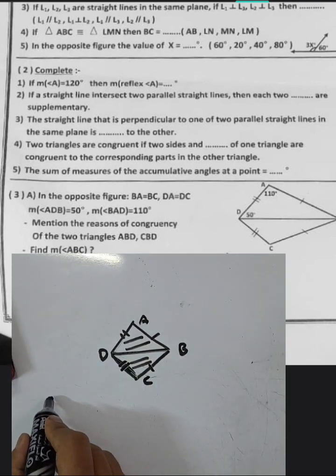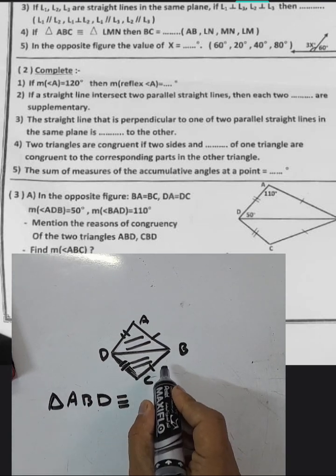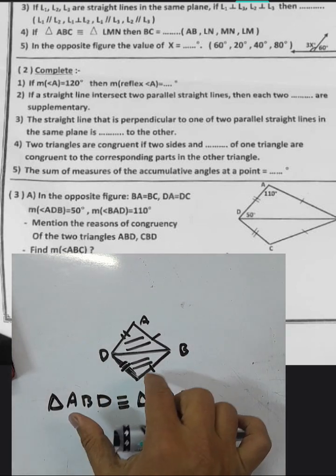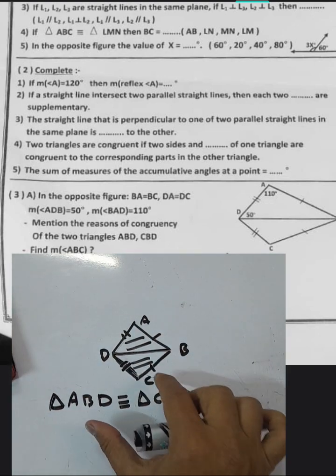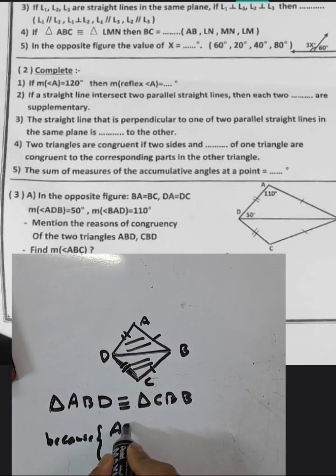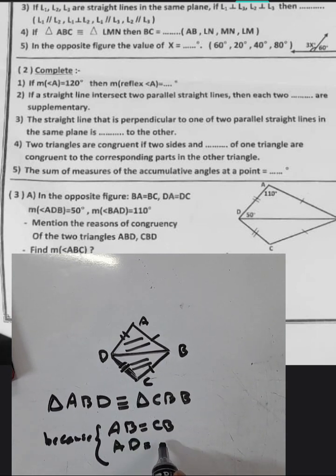Why? We have two triangles, triangle ABD congruent to triangle CBD. Again, ABD is congruent to CBD because we have AB equal to CB, and AD equal to CD, and BD is a common side between them.